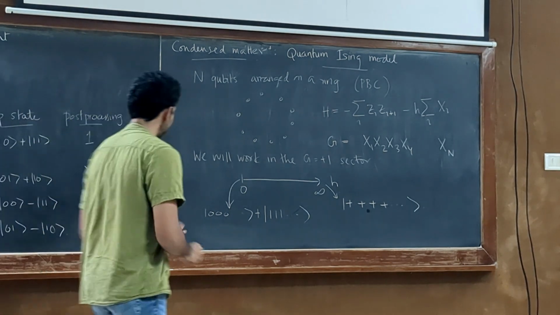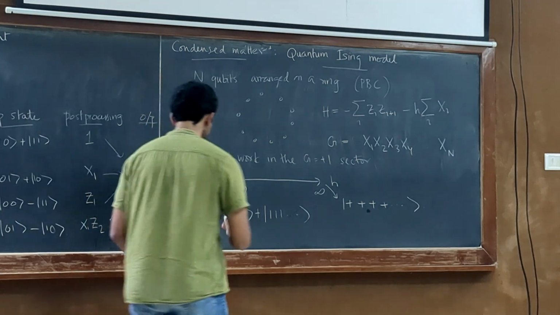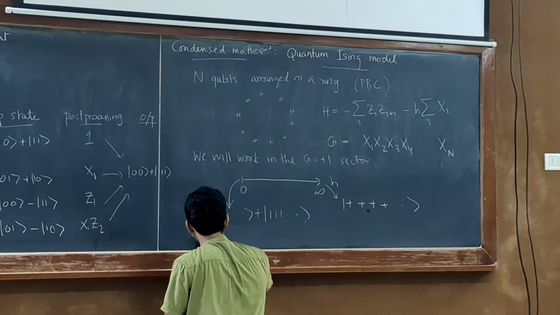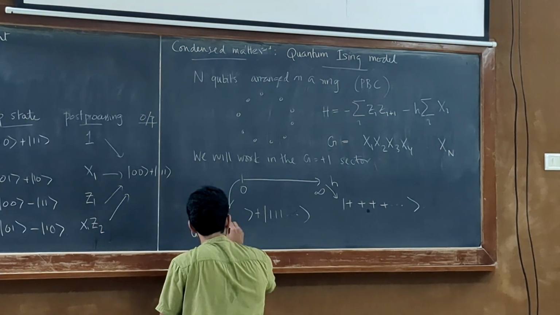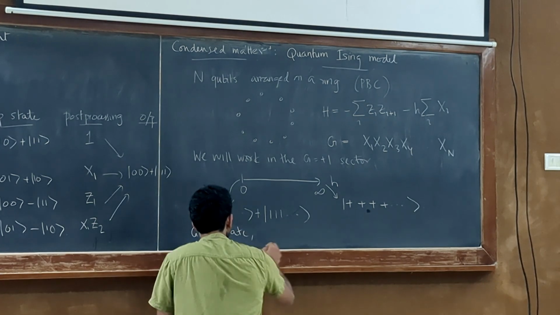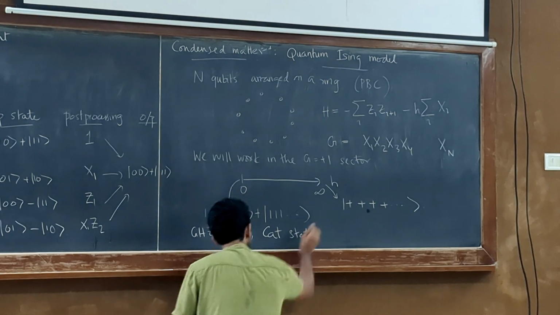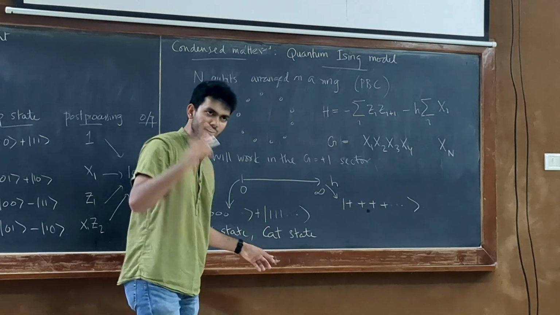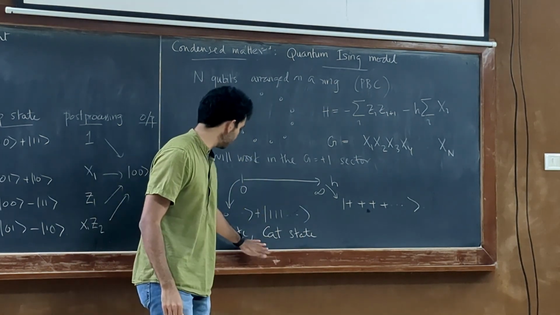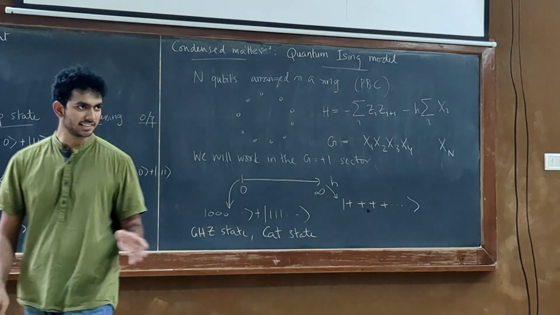So this state has many names. It's sometimes called a GHZ state. Sometimes called a cat state. So, from the title of the talk that you got in the email, can you tell me why this state might be called a cat state?